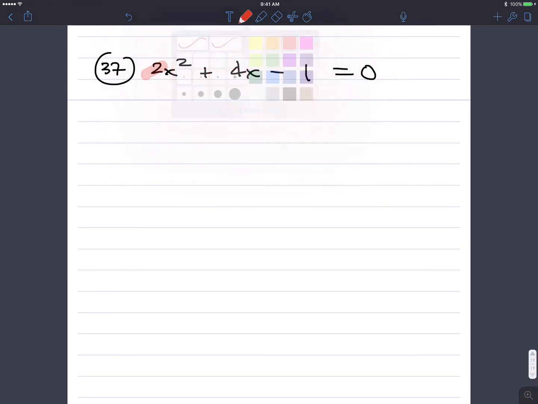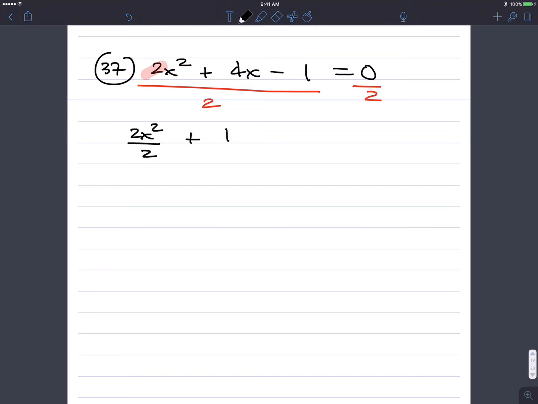So we're going to divide both sides by 2. And that gives us 2x squared divided by 2 plus 4x divided by 2 minus 1/2, and 0 divided by 2 is actually 0. We get x squared plus 2x minus 1/2 is 0.